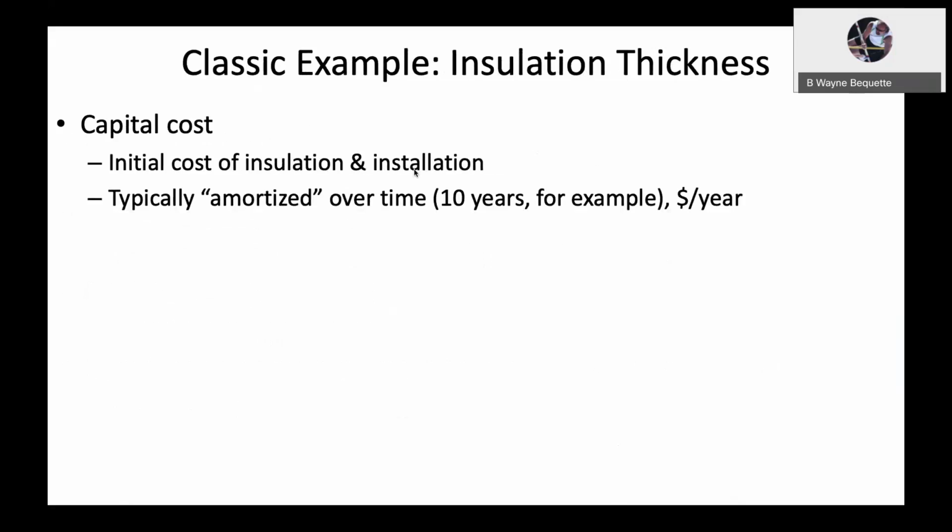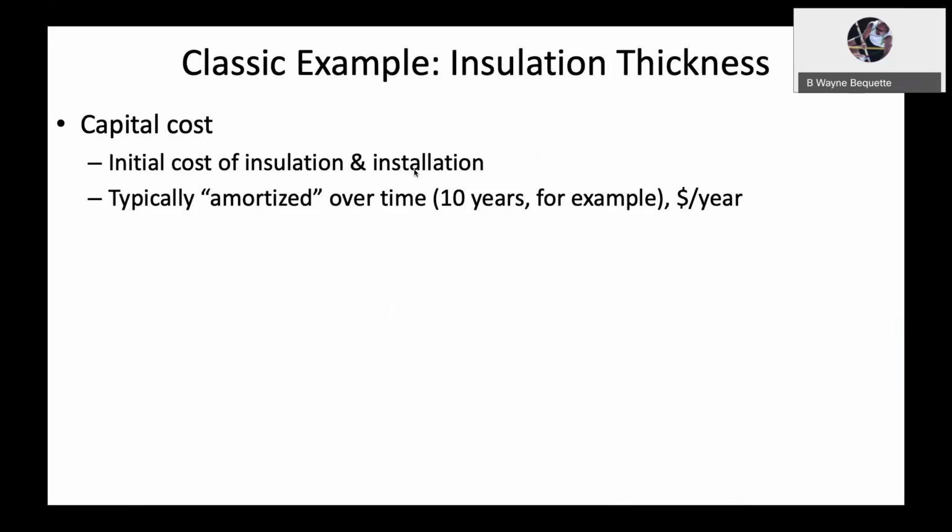A classic example of an optimization problem is determining optimal insulation thickness. We have some bare pipe that may be hot, and you need to apply insulation around the pipe to reduce the heat loss. One cost is the capital cost, and that's the initial installation, the cost of the insulation itself, and the cost to apply the insulation to the pipe.